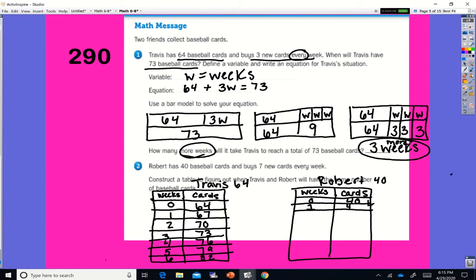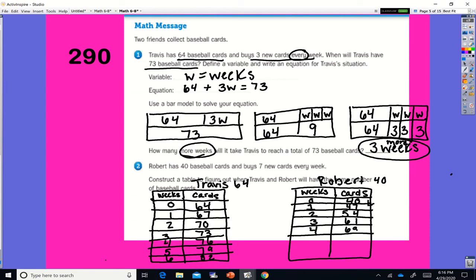So week 1, we go to 47. Week 2, I add 7 more. So that gives me 54. Week 3, I add 7 more. So then we get 61. Week 4, I add 7 more.